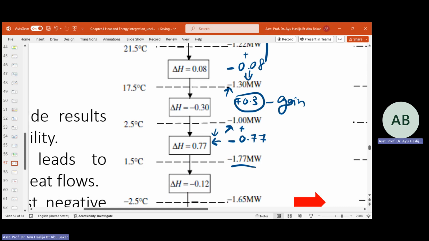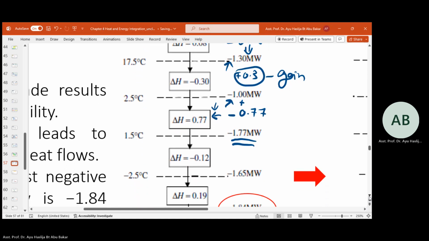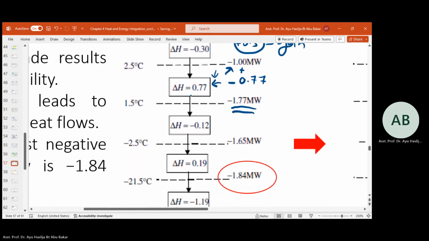So that's how it becomes negative 1.77. Okay, accumulation. Now going to this, you gain 0.12 from this stream. So you add 0.12. That's how it becomes negative 1.65.